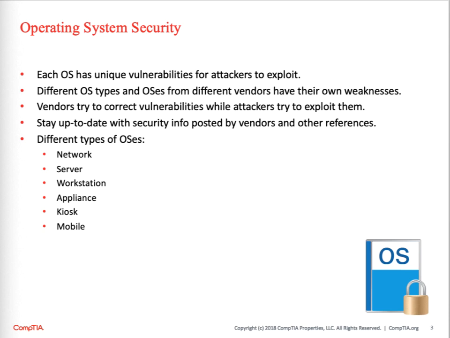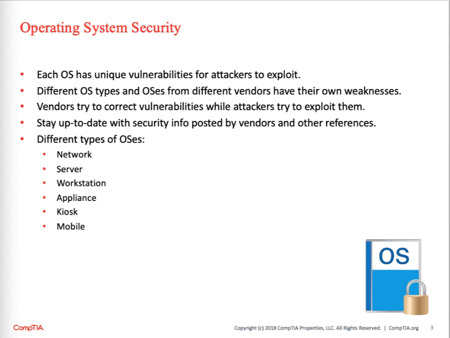So there are always new patches, there are always new vulnerabilities. There's never going to be a single list of all the vulnerabilities for each operating system. So we need to stay up to date with any info that's posted by our vendors. We want to turn on automated updates and things of that nature.